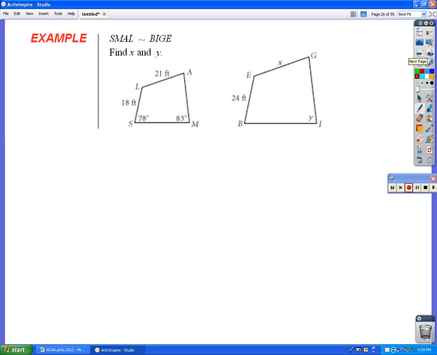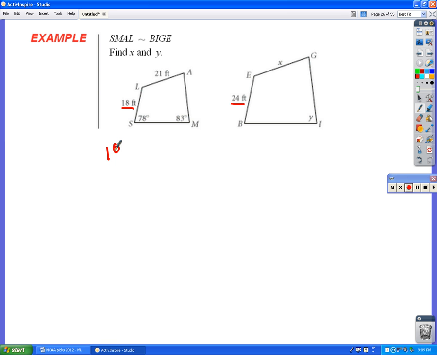Okay, so we can use this to find missing sides. So we know in this case that shape SMAL is similar to shape BIGE. So we want to find X and Y. So what I'm going to do is I'm going to identify this side right here and that side right there as being two corresponding sides that we know the measurements of.